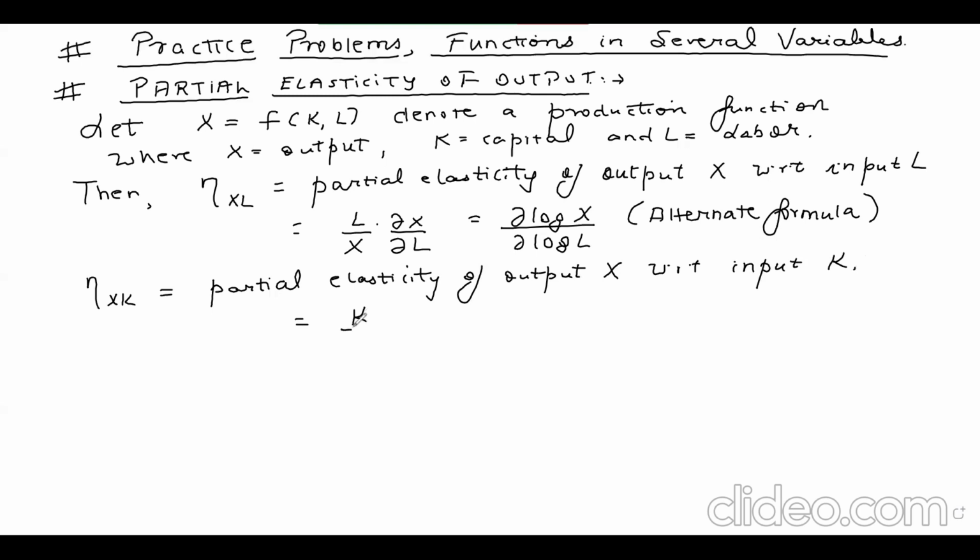Formula: K over X times del X by del K. Alternate formula: del log X over del log K. So this is going to capture the degree of responsiveness of the percentage change in output with respect to a given percentage change in the capital input. So these are the formulas for partial elasticities of output with respect to the labor input and the capital input respectively. Okay, now let's look at a practice question based on this.